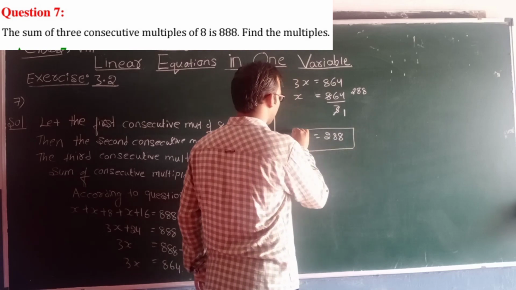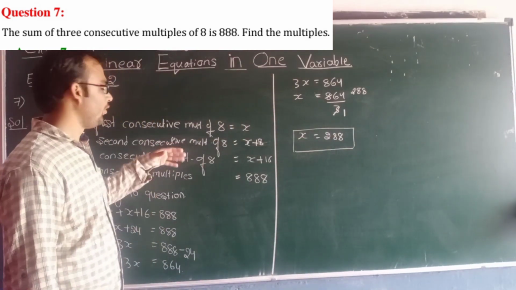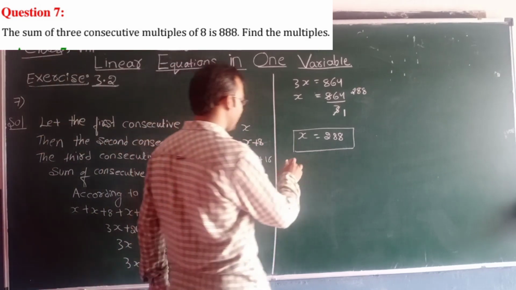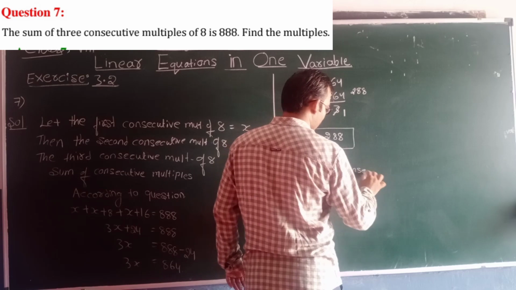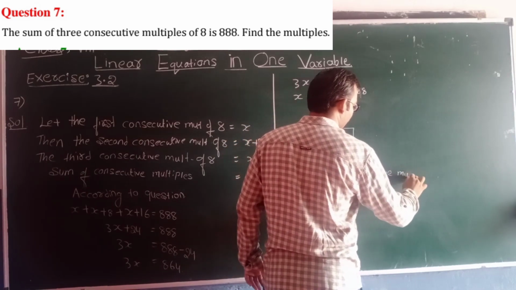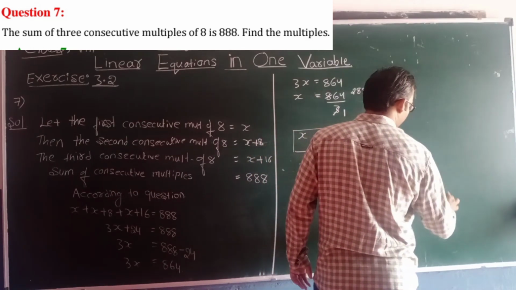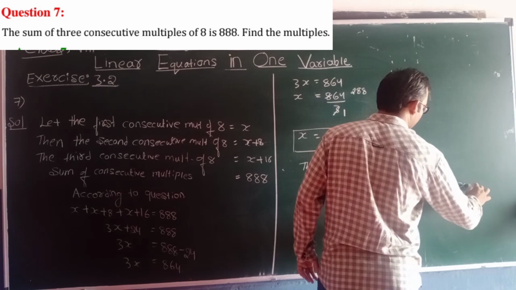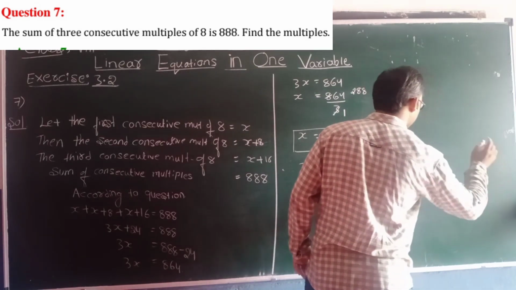So here, students, what is x? x is the first multiple. Then we need to find the second and third multiples. Therefore the first consecutive multiple of 8 equals x equals 288.